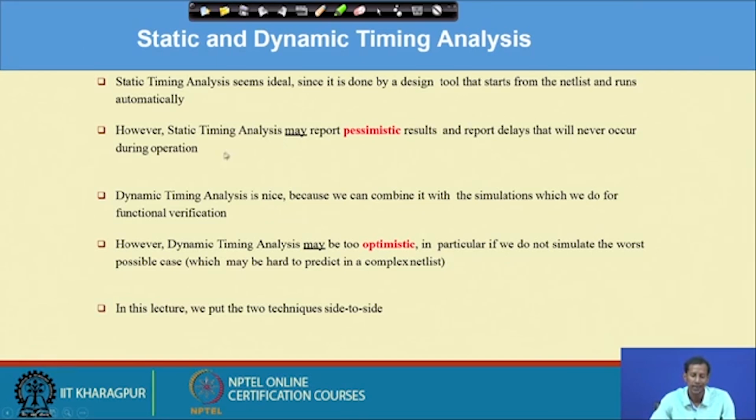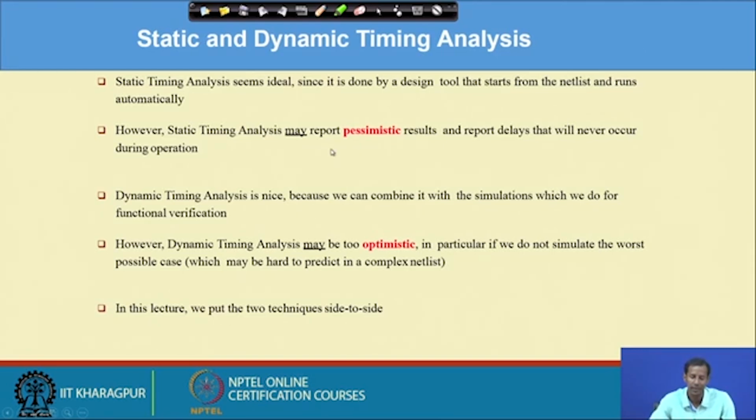However, the static timing analysis may report pessimistic results and report delays that will never occur during operation. So, whatever results we get is a rough estimation of the circuit delays.